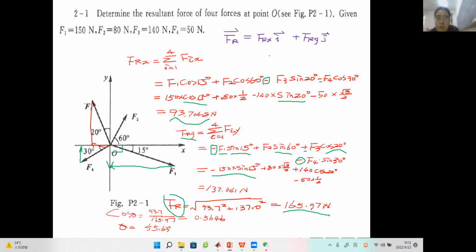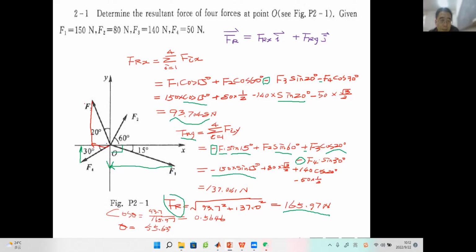When we do the projection, we should pay attention to the correct direction. Let's use the sequence from F1 to F4. Actually, FRx equals the sum from i equals 1 to 4 of Fix.